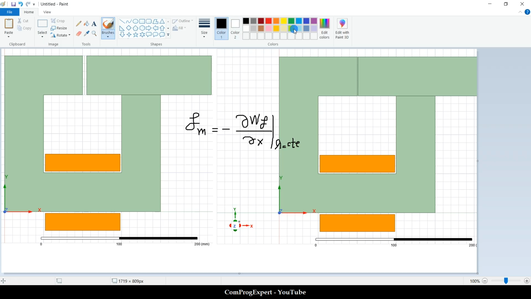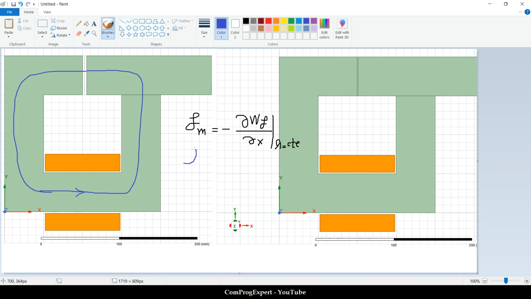So here in this problem, when you consider this flux line in the middle of this structure, how much of the length of this flux line is inside the iron and how much of it is inside the air gap?